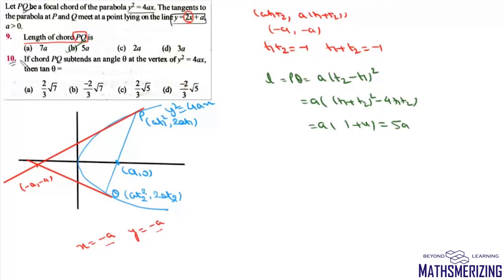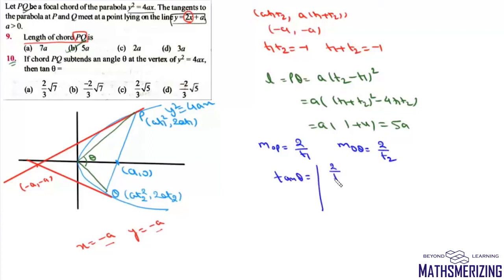Now next question is, if the chord PQ subtends an angle theta at the vertex, so we are talking about this angle, then we need to find the value of tan theta. We can find the slope of OP. So slope of OP is 2 upon T1 and slope of OQ is 2 upon T2. That means this tan theta will be this mod value.